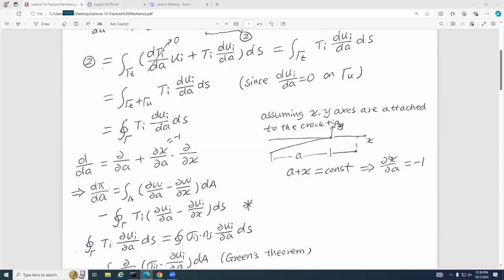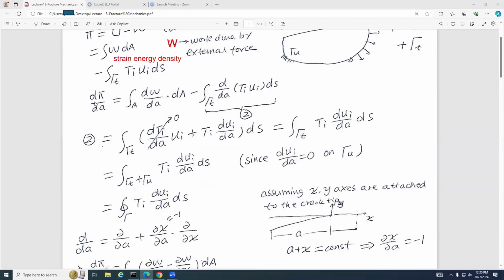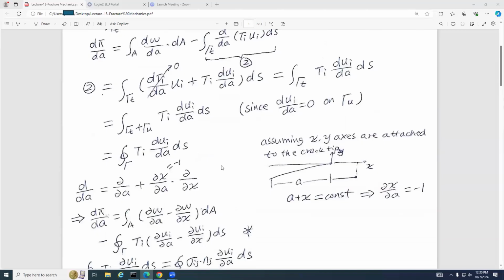This equals this term minus this term, and we will talk about this term first. That's the reason I write 2 here, 2 equals this. Any questions from here to here?